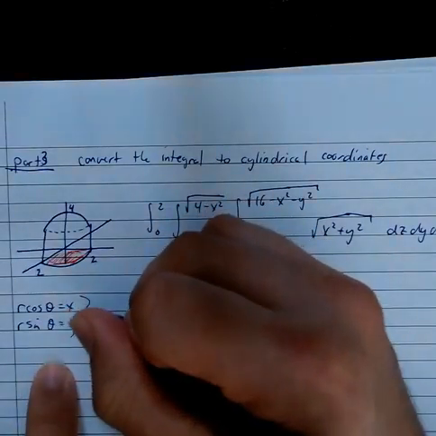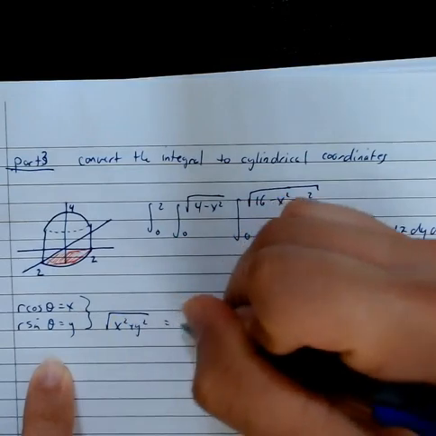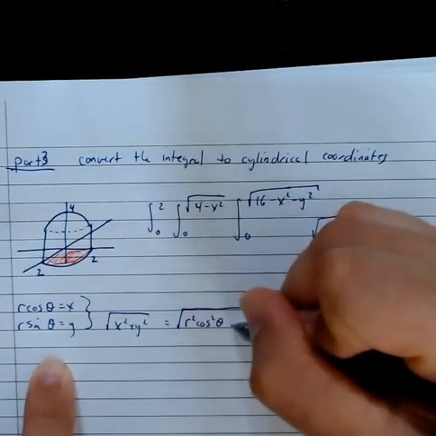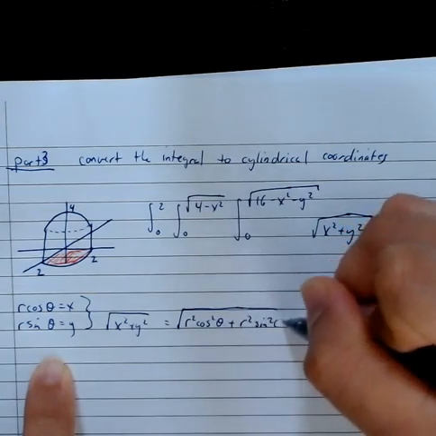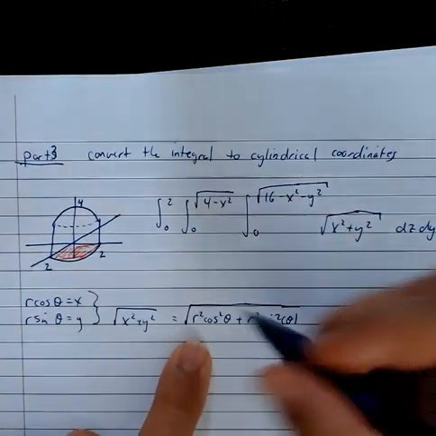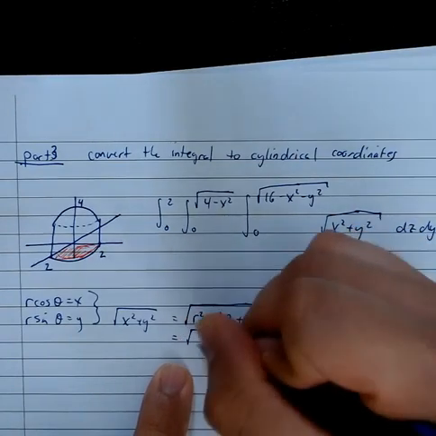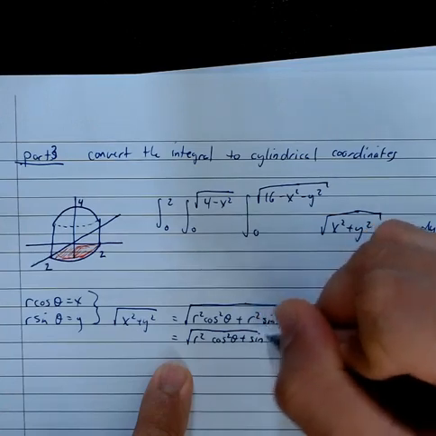So if we put this together, we get that the square root of x squared plus y squared is equal to the square root of r squared cosine squared of theta plus r squared sine squared of theta, which, if we factor out the r squared, is going to give us the square root of r squared times cosine squared of theta plus sine squared of theta.